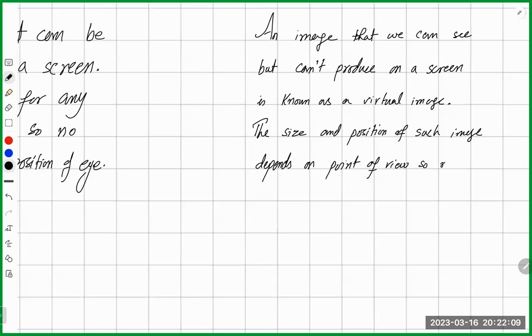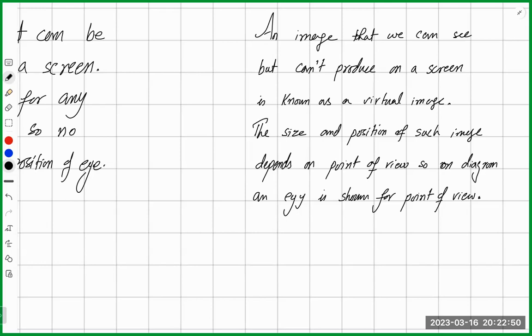So on a diagram, an eye is shown for point of view. So if you are dealing with a virtual image, you must show an eye over there, because a virtual image can change in size and position, and there's a possibility that you won't even see the image if you're not at the proper position.